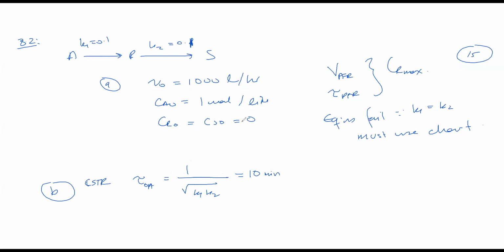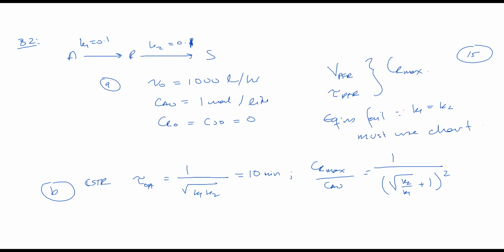And similarly, if I calculate the CR max, the equation is CR max over CA naught is equal to 1 over (K2 over K1 to the half plus 1) squared. So it's equal to 1 over (square root of K2 over K1 plus 1) squared.